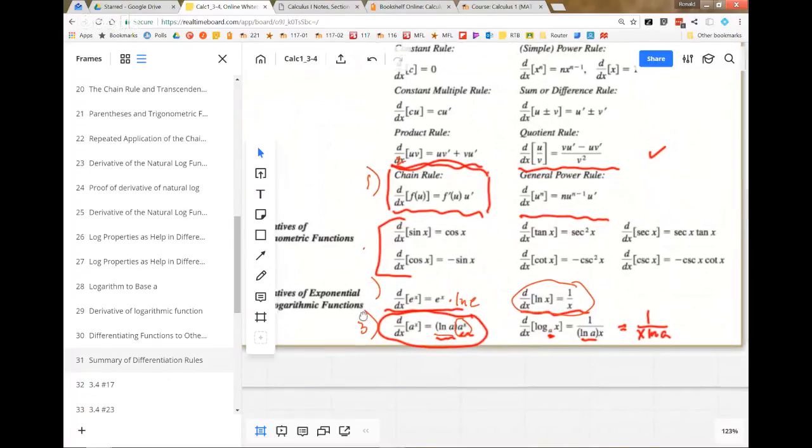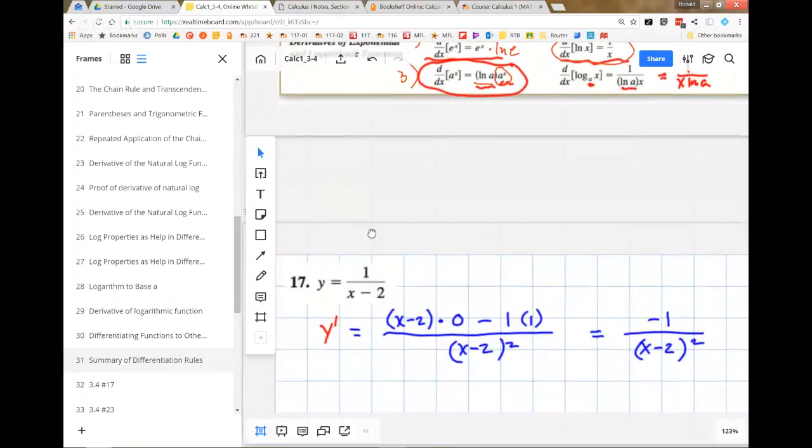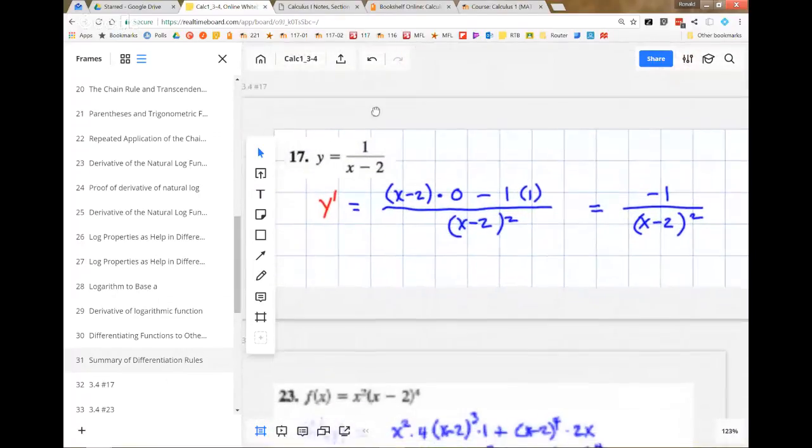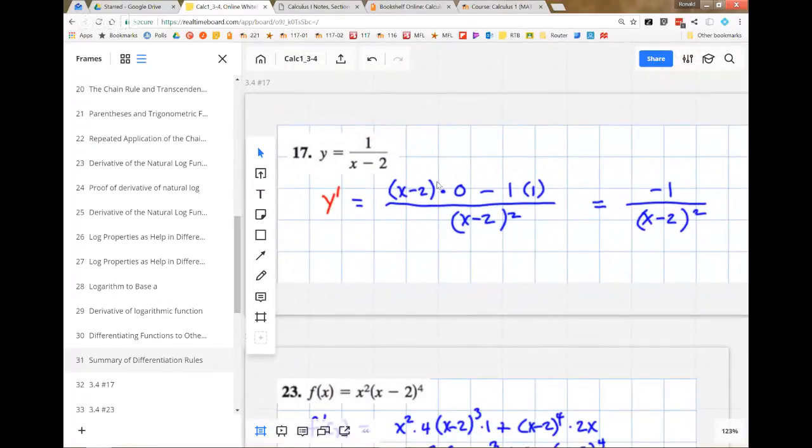Okay, so let's do some problems. I've picked out some, and some of these are on the assignment. Let's take a look at number 17. There's really nothing unusual here. This is simply a quotient rule. Y equals 1 over x minus 2.